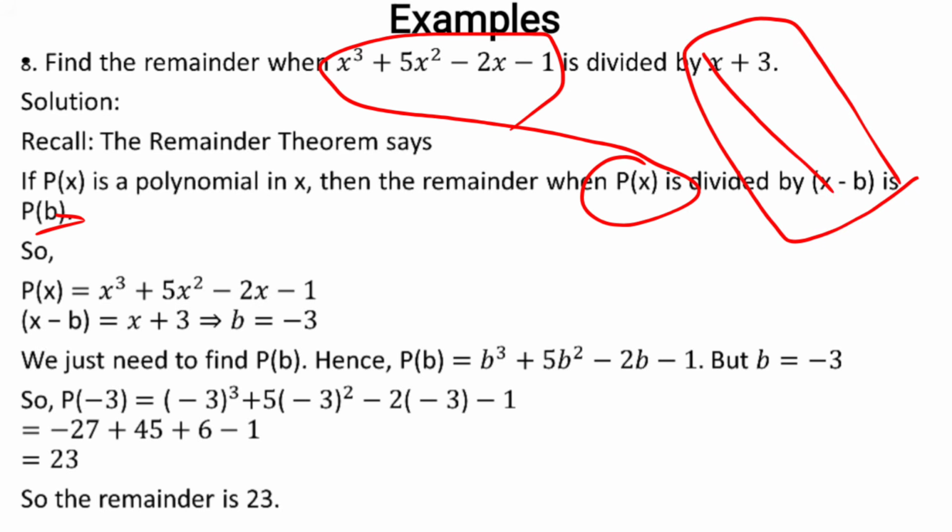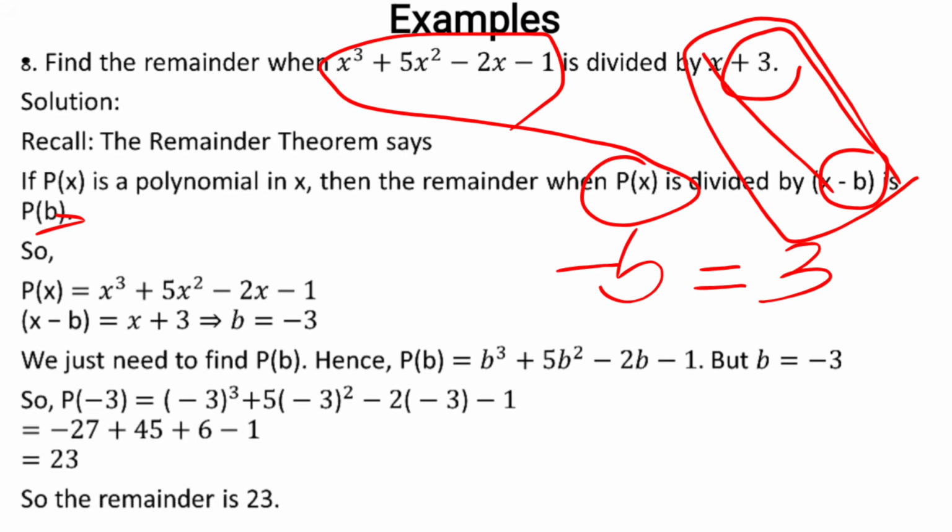So we compare this now. x remains x, and clearly minus b must be the same as positive 3, right? Meaning minus b is going to be the same as 3. This means that my b is 3. Okay, so we found b, because remember the theorem says we should find p(b). So wherever you see b, you're plugging in 3, right? So now we're looking for p(3).